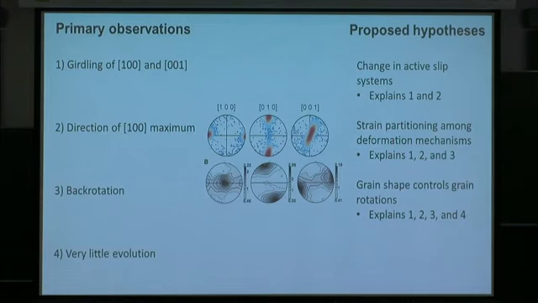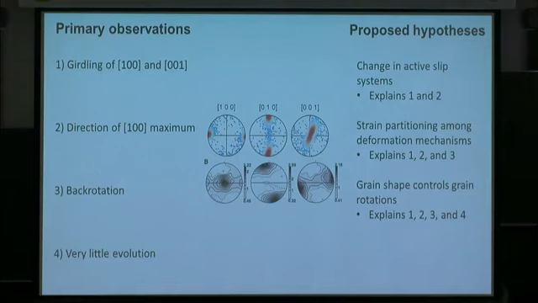The three main hypotheses that have come up in conversation or in publication are, one, the easiest thing to do is change the activity of these different slip systems, like what Neil was talking about. So you make it easier to glide on one particular plane in a crystal, and you're going to get a different orientation texture.